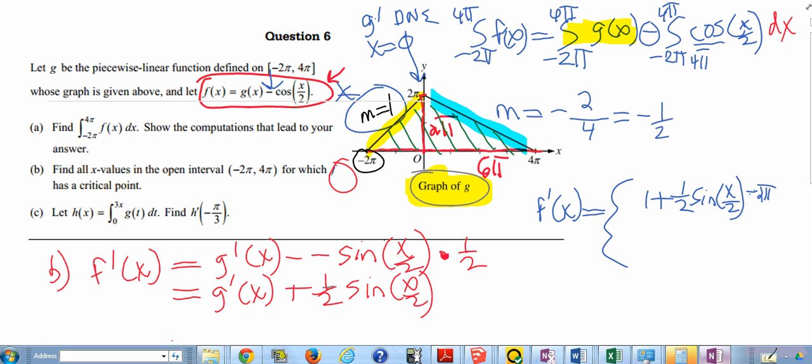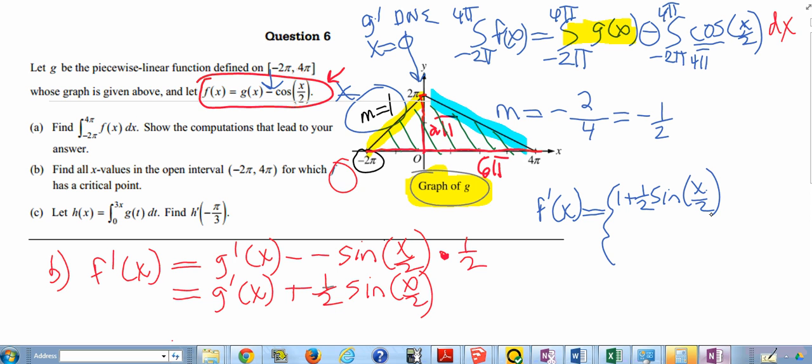Ran out of room here. Let me rewrite this real quick. Make this a little bit smaller for you. So this will be 1 plus 1/2 sine of x over 2.